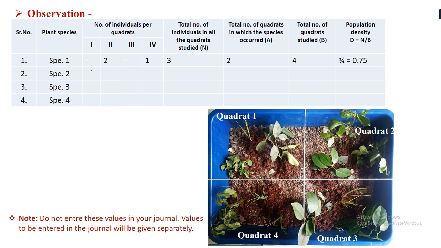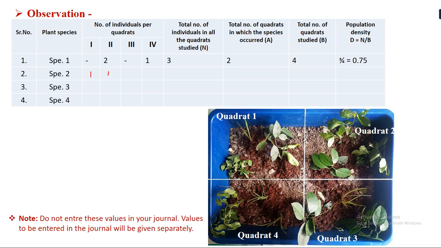So this is 1. In the second quadrant, we can see again that this particular species of Citrus lemon has occurred once more over here. So in the second column also you will put 1.